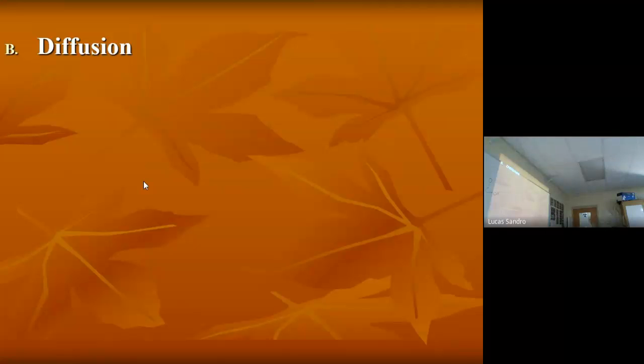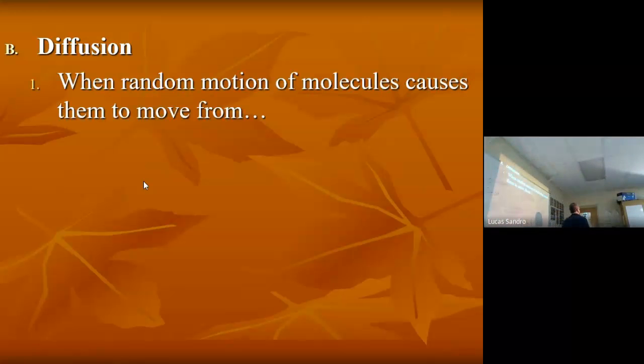In diffusion, the way we can define that using the terms we know now is when random motion of dissolved molecules, they have to be dissolved, they have to be in solution, causes them to move from, well, let's use our concentration term.